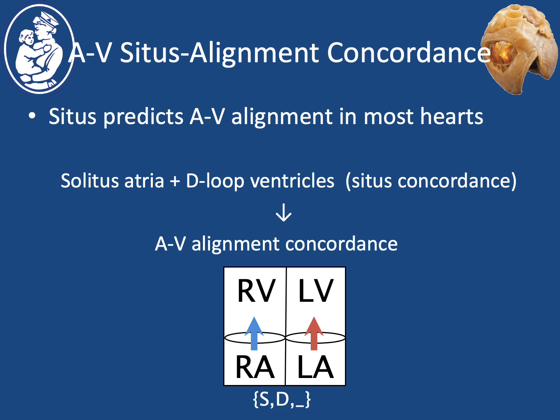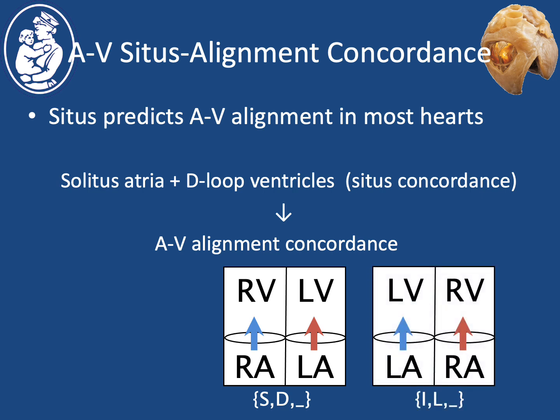In the great majority of hearts, the situs of the atria and ventricles predicts the atrioventricular alignment. For example, with solitus atria and D-loop ventricles, that is, concordance between the situs of the atria and the ventricles, there is almost always atrioventricular alignment concordance.